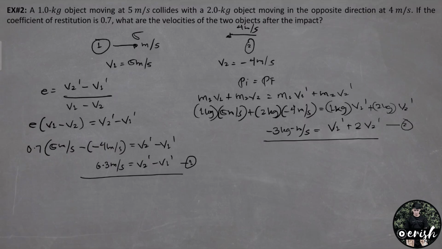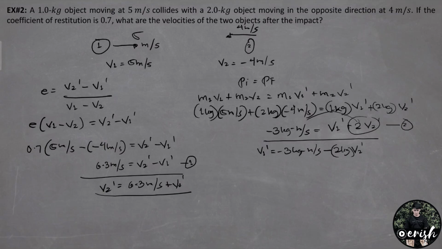Say, using equation 1, we solve for V2 prime. This is equal to 6.3 meters per second plus V1 prime. And isolve naman natin by equation 2 yung value ng V1 prime, and then isa-substitute natin dito. V1 prime is equal to, lipat natin sa kabila, negative 3 kilograms meters per second minus 2 kilograms times V2 prime.